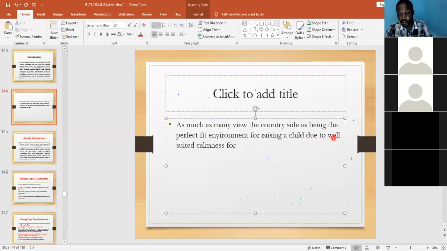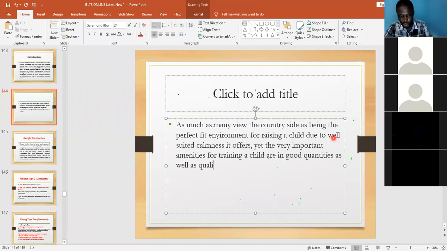for raising a child due to the well-suited calmness it offers, yet the very important amenities for training a child are in good quantities as well as quality in the urban centers.